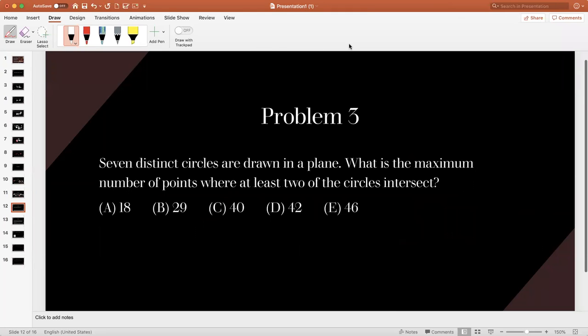Okay, problem 3. I'll give you guys about 4 minutes to try this question. This question is a little more challenging than all the previous questions.